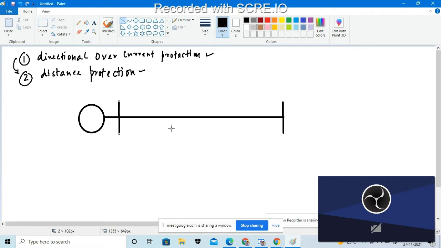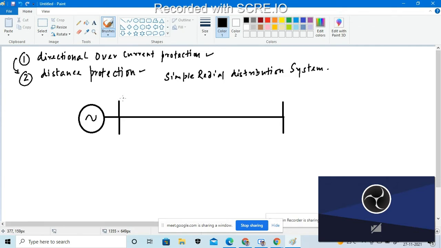We will consider only a simple radial distribution system, right? In the radial distribution system, we have a single source that will be connected with this.